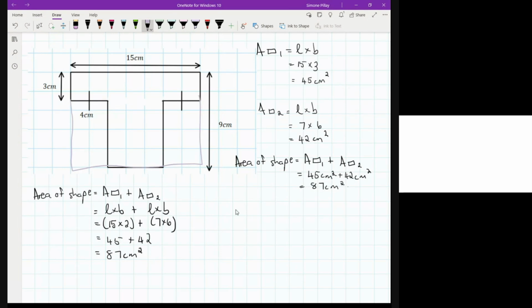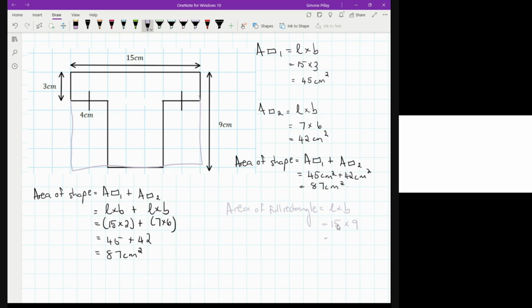So I could go area of the full rectangle. The area of the full rectangle would have been length times breadth, which would have been 15 times 9.